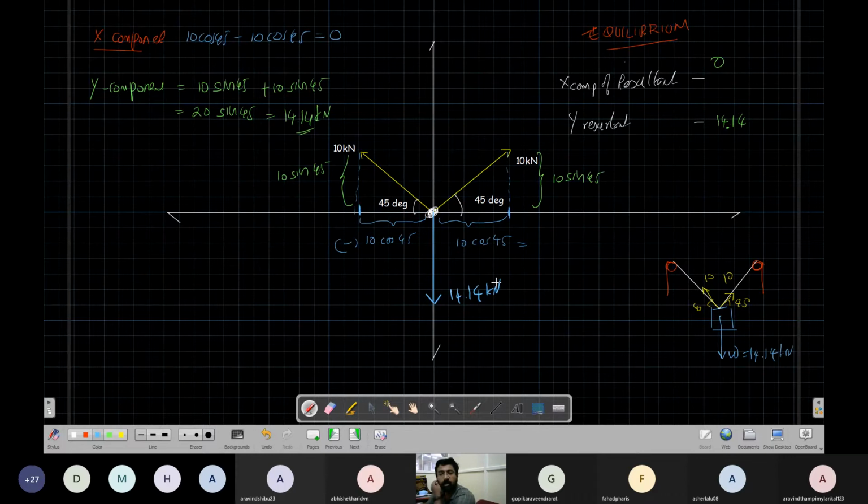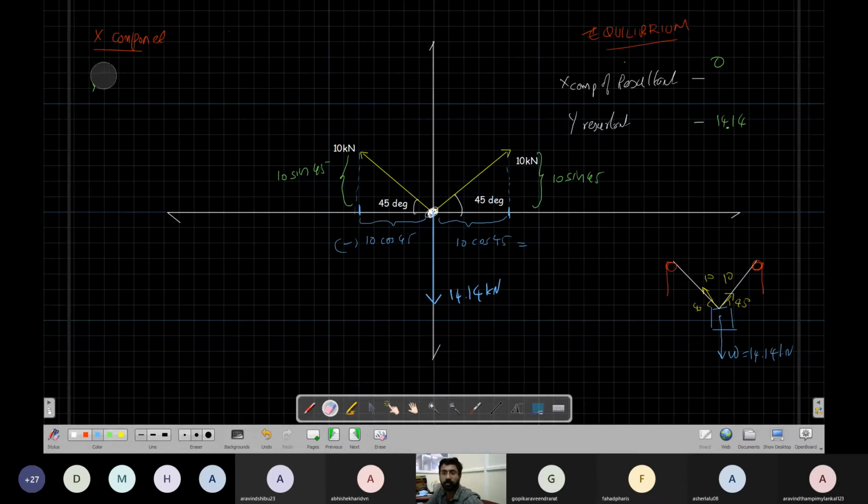Now we have a new system of forces, so I can drop this off. Now you have to find the resultant of this. You have a new problem. One force is this, the second force is this, and the third force is this.